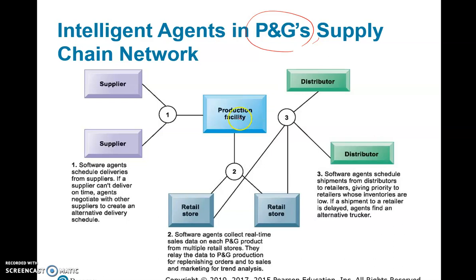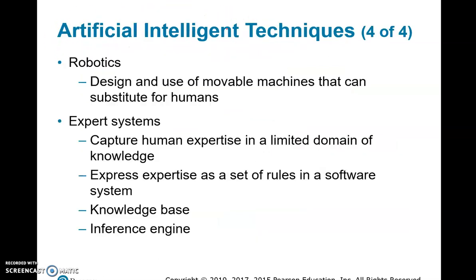The supplier agent stocks the production facility, which talks to various retail stores, and then it finds out how to distribute the various products that they have. That is done by software, and these are intelligent agents in Procter & Gamble.